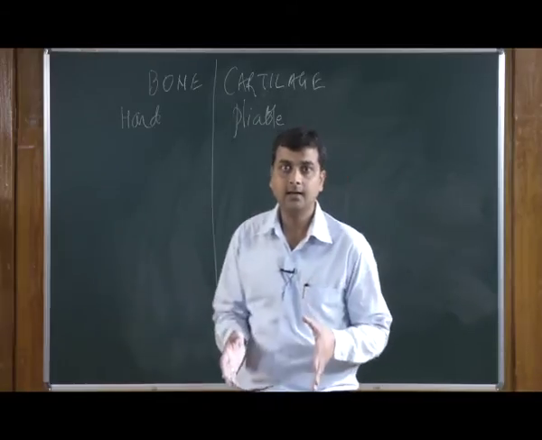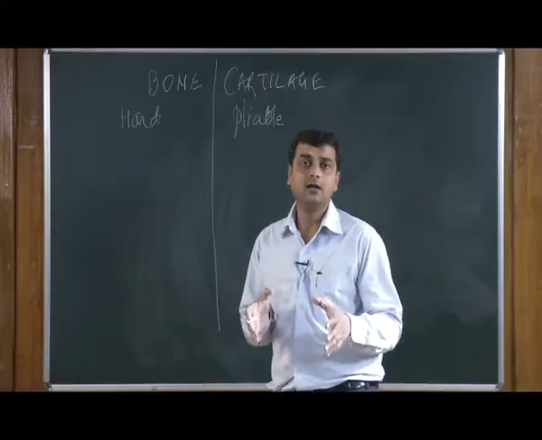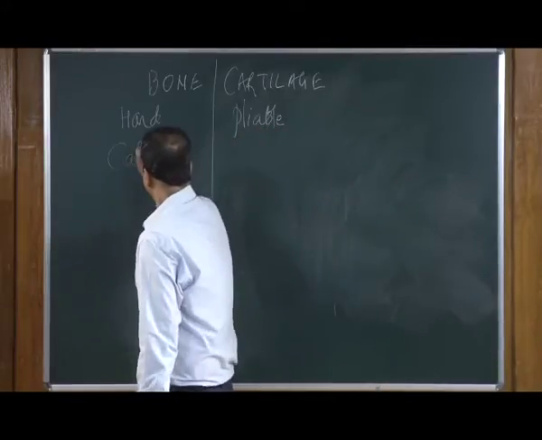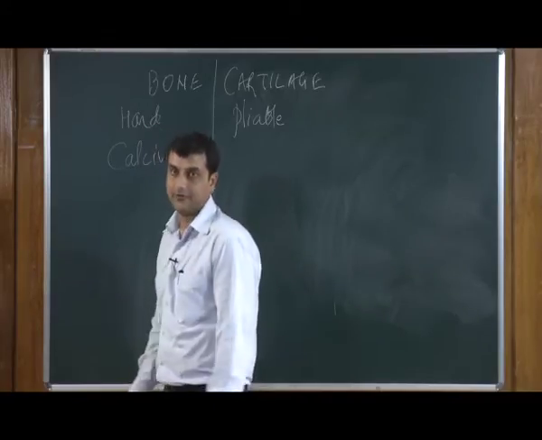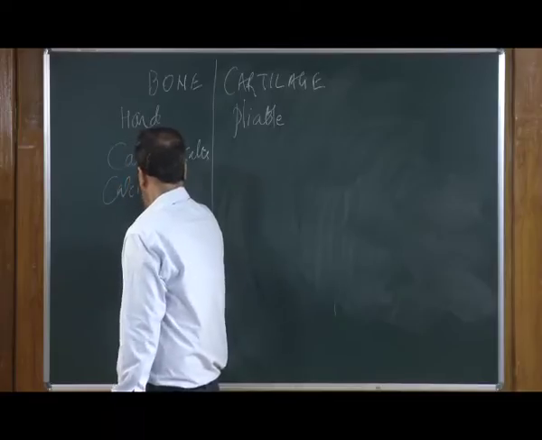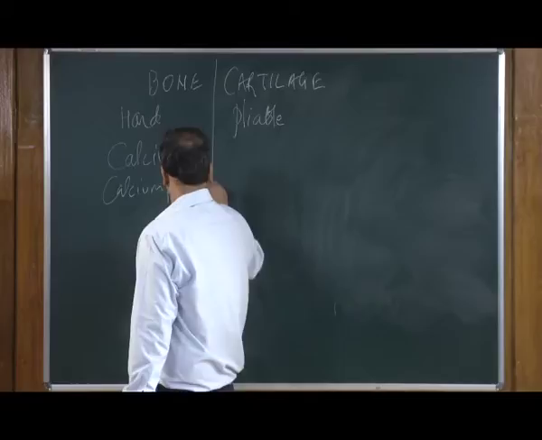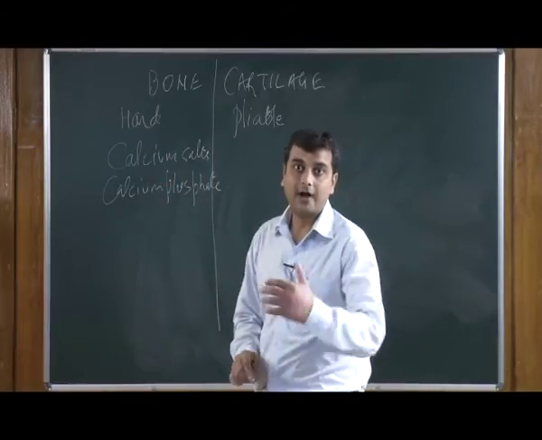Now, next thing, these bones are hard because they are made up of calcium salts, particularly calcium phosphate, while cartilages are made up of chondroitin salt.